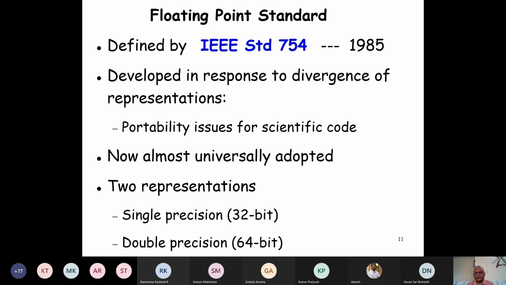Okay, good. You said don't know. Now let's ask somebody who knows. Prakash Chauhan. Prakash, what is the difference between a fixed point number and a floating point number?